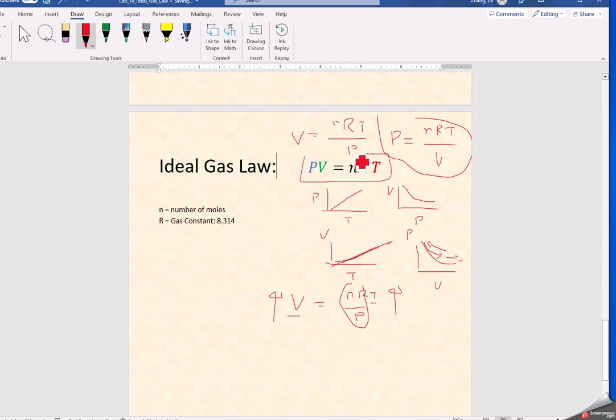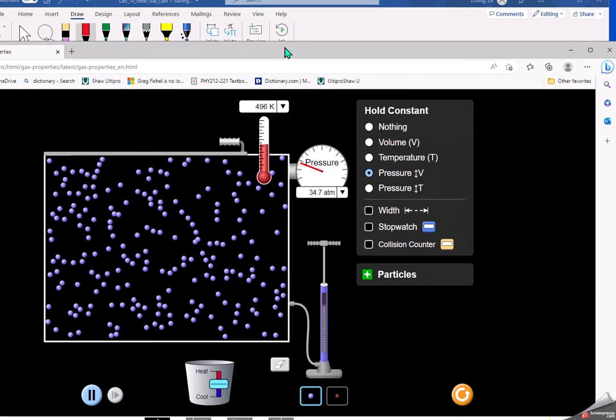This is called the ideal gas law. Of course, you can also vary the number of particles. If the temperature is fixed and you have more particles, this product will increase, so the volume will be bigger.